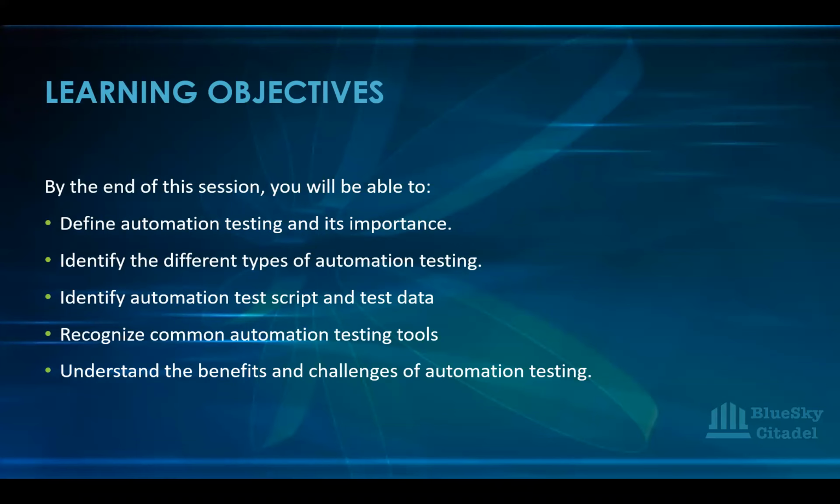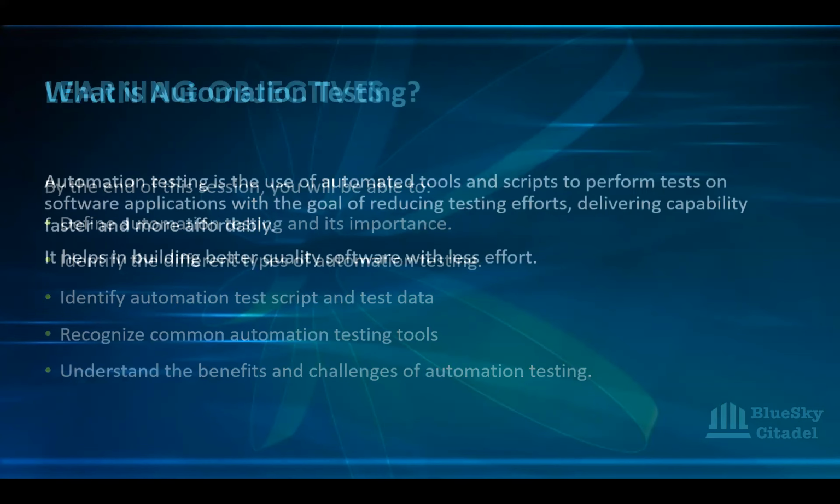Included in this training tonight are illustrations and examples of what an automation test looks like, because it's important that you know what we are talking about, and we are not just talking theory. You can visualize what it looks like.